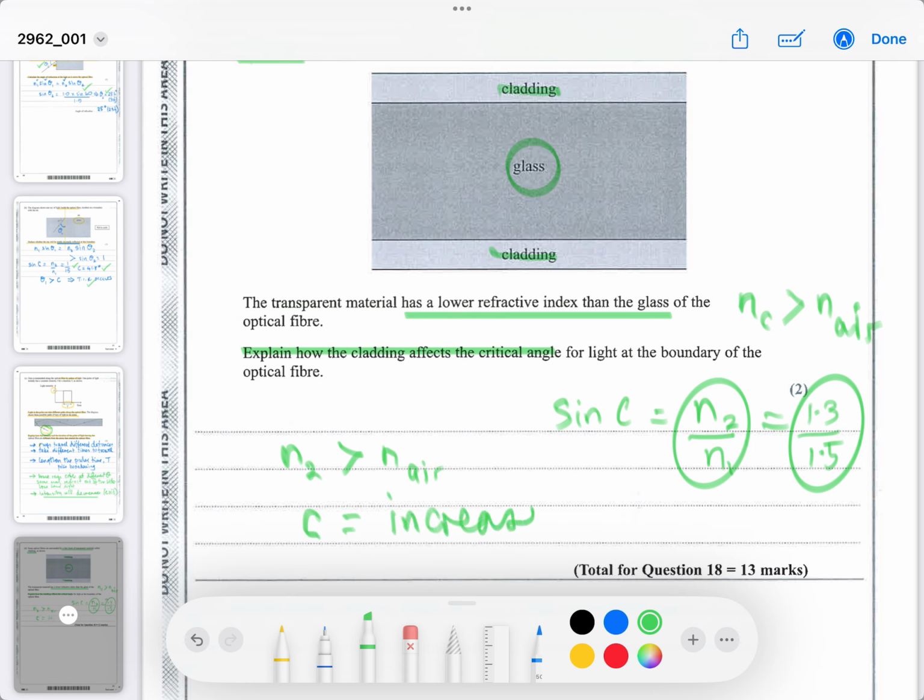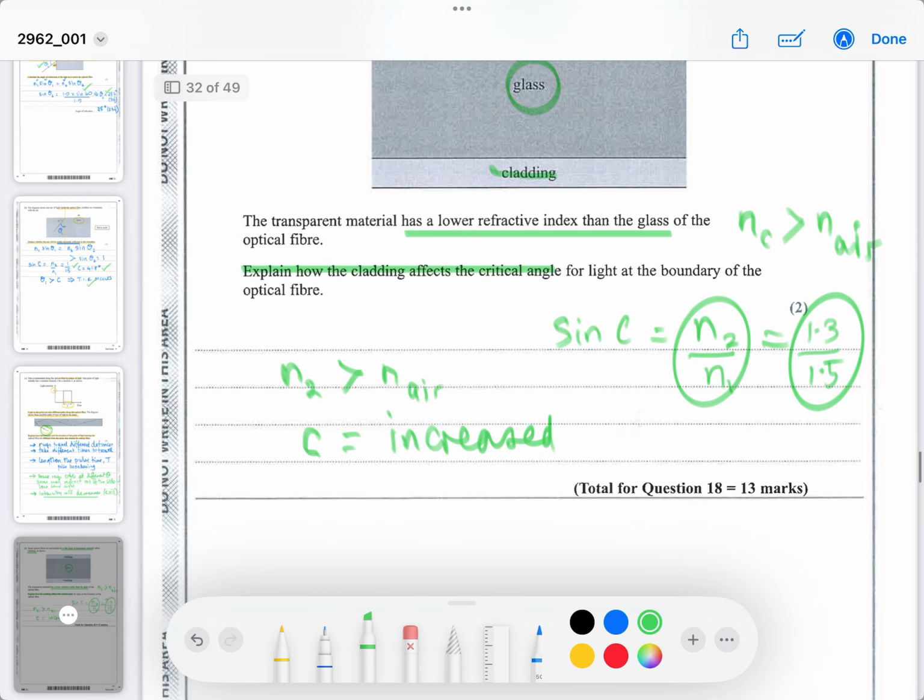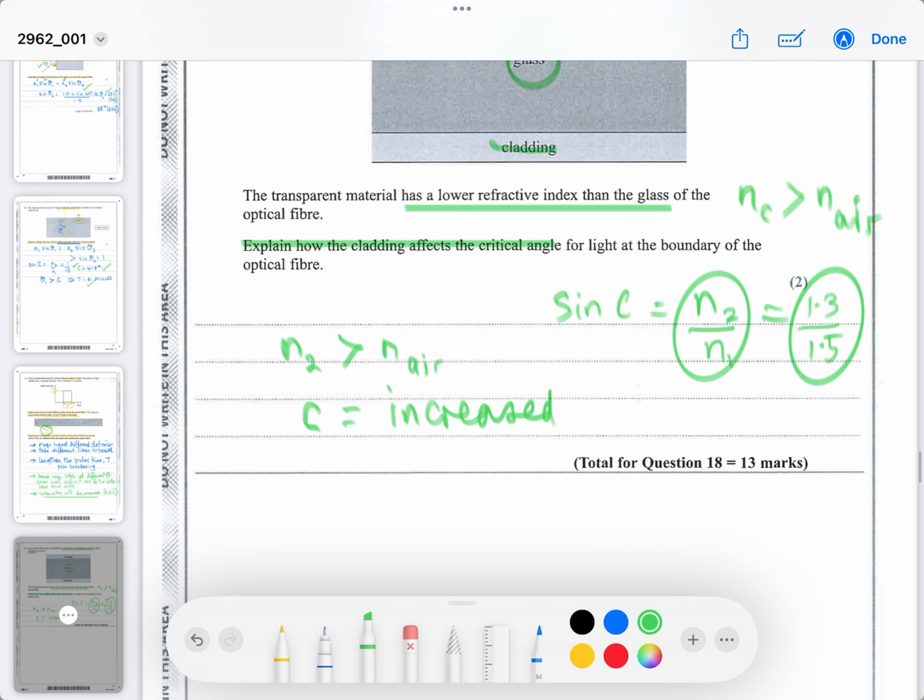And if that happens, it will change the behavior of the fiber optic cable. In other words, there will be some angles which will not be greater than the increased C, and some of it will refract out, and that actually reduces the broadening of the pulse, believe it or not. Now you don't need that for this question, so I hope I didn't confuse you in my explanation there.